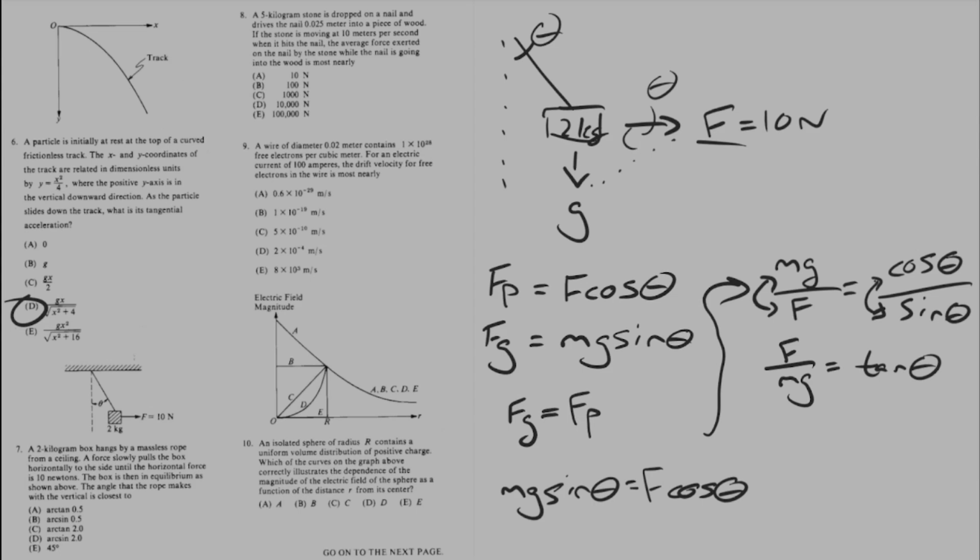So this is starting to look right. Plugging in these numbers, you have 10 over 2 times 10 equals tangent theta. So you have a half equals tangent theta. Therefore, theta equals arctan of a half, which is right there. So it looks like that one worked out pretty well.